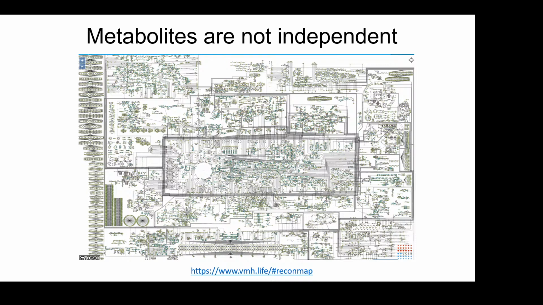We know from biochemical maps or metabolic network maps that they are interconnected, and changes in one pathway or one reaction can have a short distance or long distance effect on other metabolite levels. So any computational approach we build, we have to keep this concept in mind: metabolites are not independent.